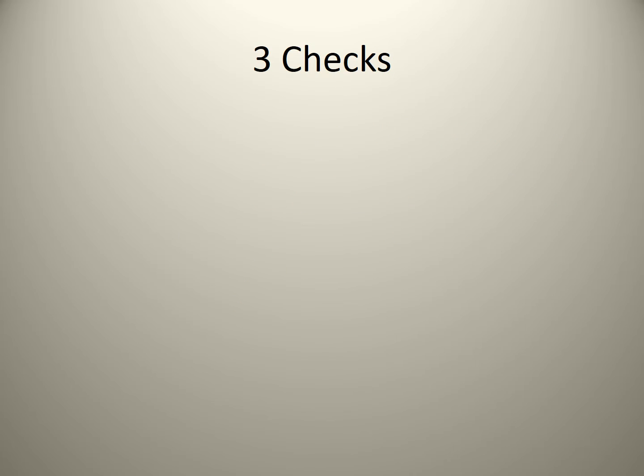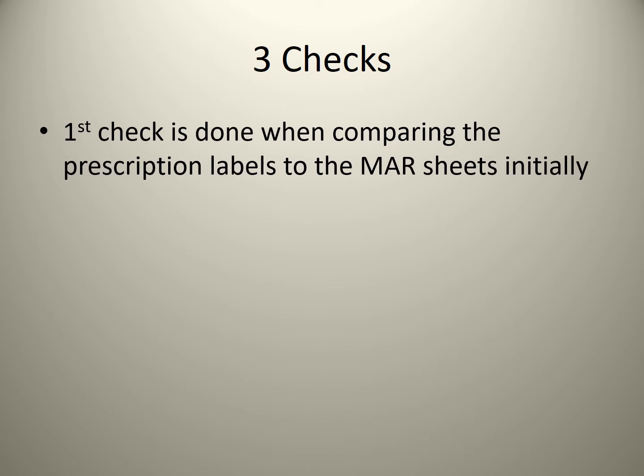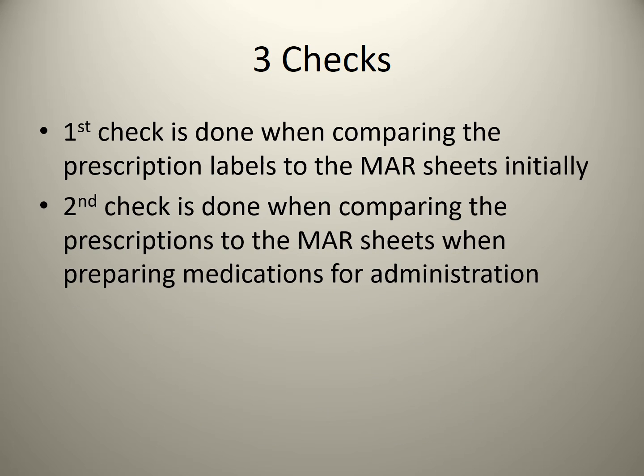we are now to the 3 checks of medication administration. We compare the prescription label to the MAR sheets. We go through the nine rights, but we will do this 3 times before the patient actually takes the medication. The first check is when we're going down and comparing the prescription label to the MAR sheet while we're collecting the medication.